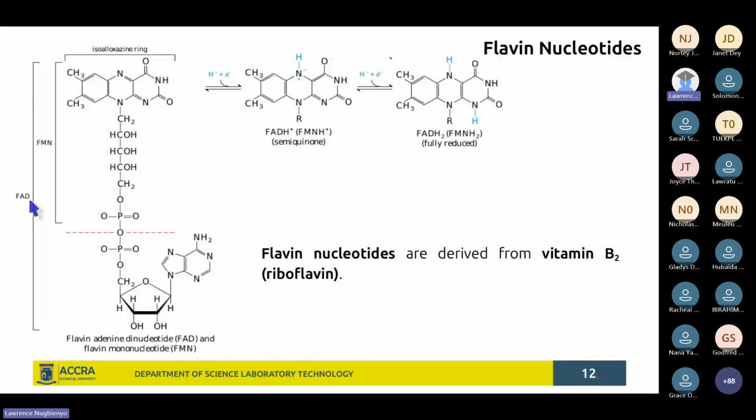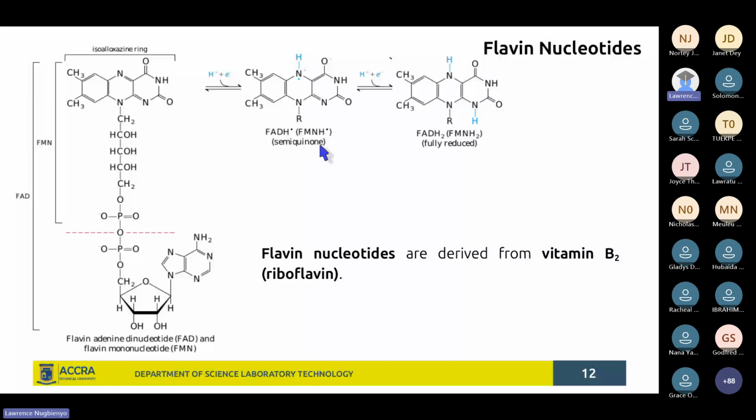And here too, what do you see happening? A similar thing where you have transfer of electrons. And so you can have here too the hydride binding, or let's say only one hydride binding, where you have what we refer to as a semiquinone.